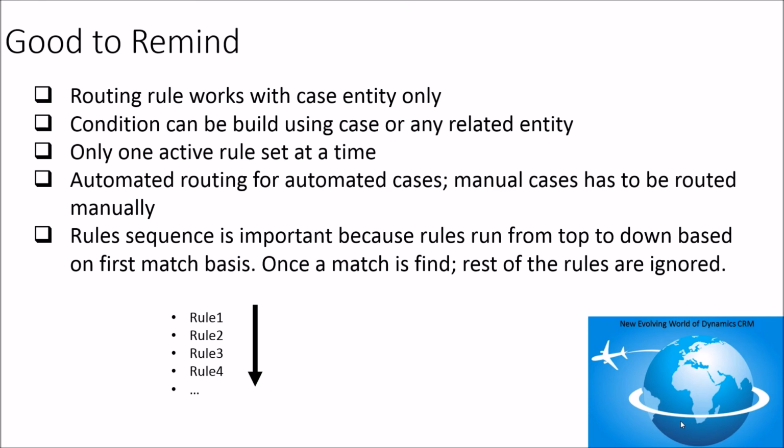This is another thing which you should know, and if you really want to create a rule set to manage the case life cycle from the routing point of view, then you should ensure that you have mutually exclusive rule items defined to avoid this kind of conflict or behavior, right?